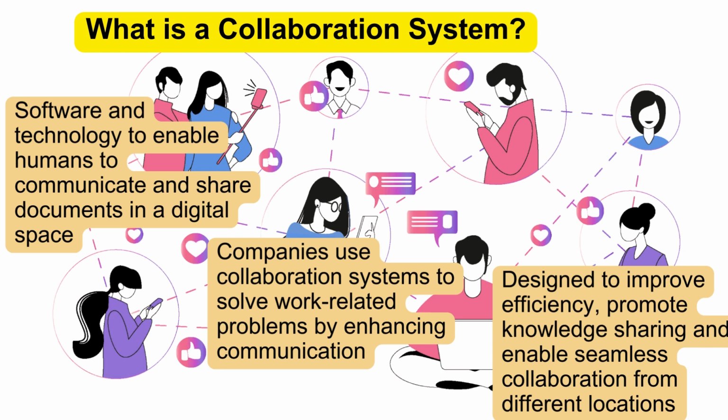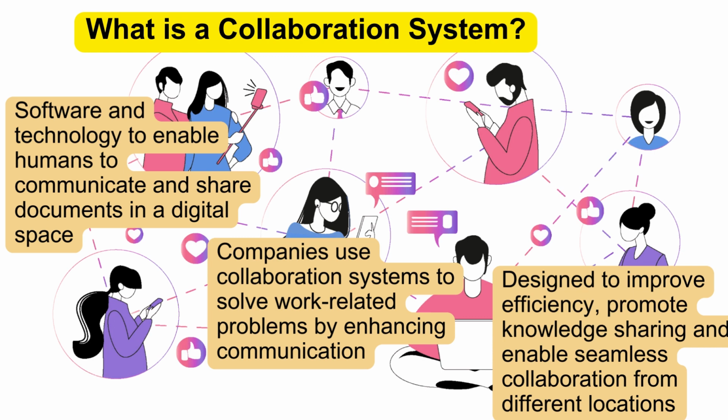The goal of collaboration systems is to make collaboration easier for humans in the workplace, and employees need to work together to accomplish common goals. That means they need to cooperate, communicate, coordinate, share, debate, brainstorm, and solve problems. In short, they need to collaborate.